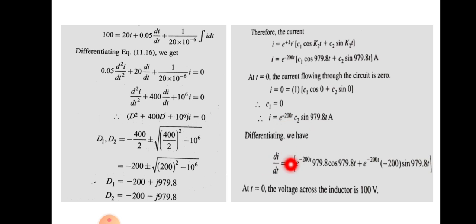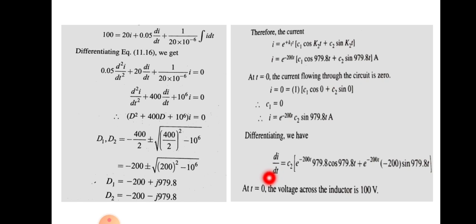So when we differentiate, we get C2 into e raised to minus 200t into cos 979.80t into the constant 979.80, plus the second function sin 979.80t into the derivative of e raised to minus 200t, which is e raised to minus 200t into minus 200.